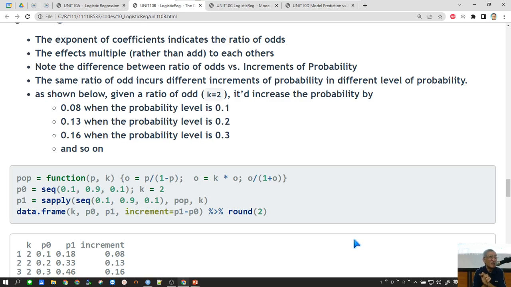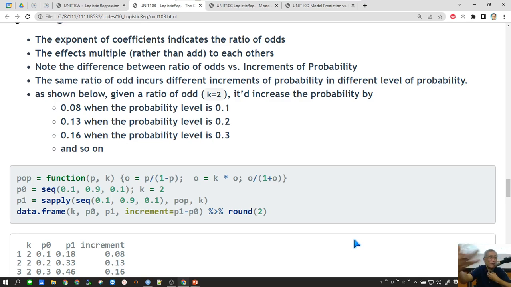So in our course, we do not intend to use the coefficient individually. We tend to use the coefficients collectively to do prediction.